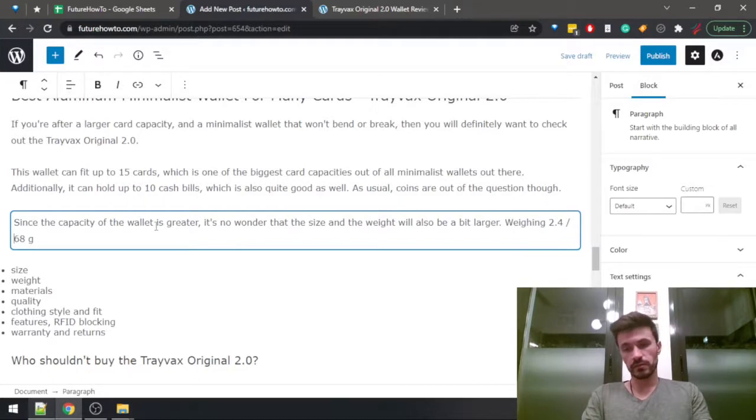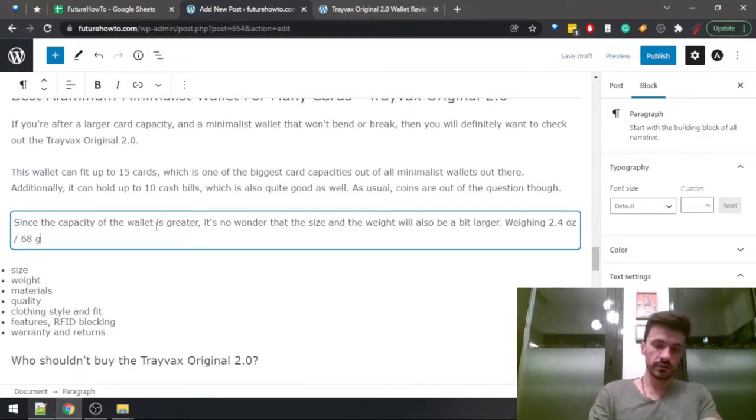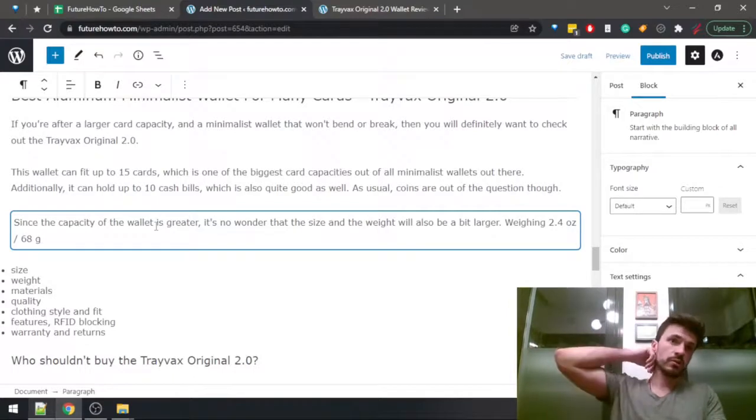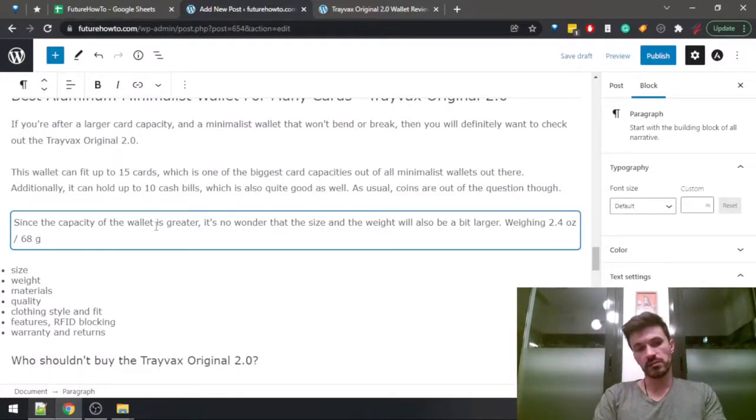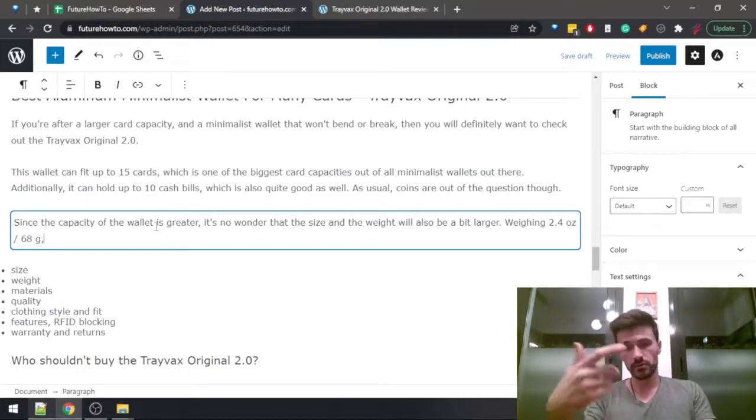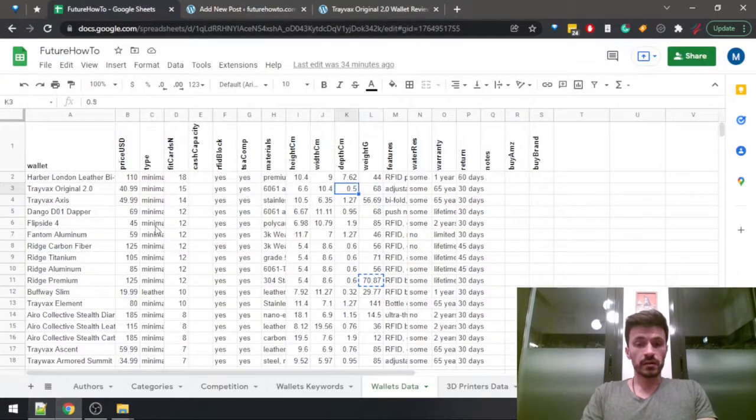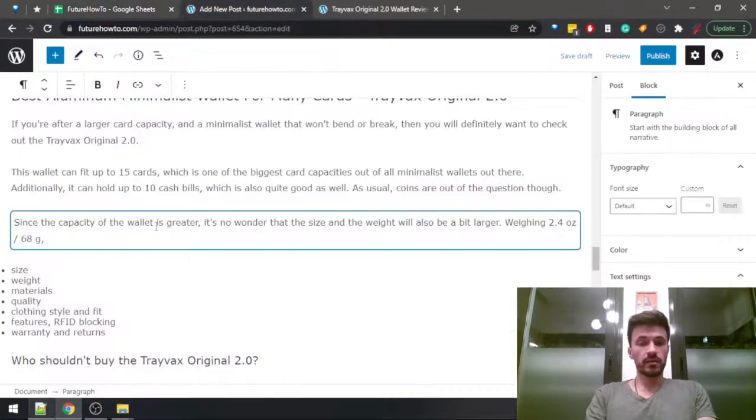I always do the imperial, the American one first, and the metric later, just because most of my audience is from the United States, so obviously I'm gonna cater to them first. Weighing 2.4 ounces, 68 grams, this is one of the heavier minimalist wallets.